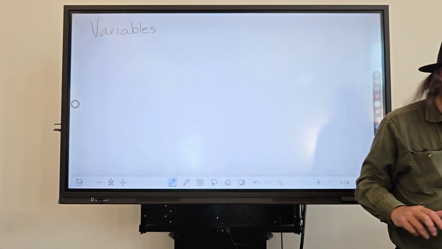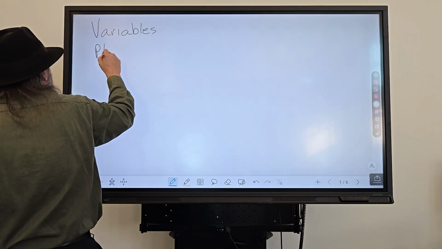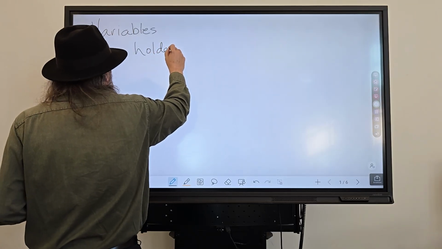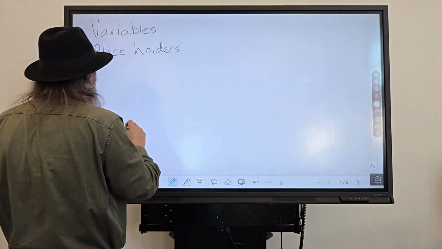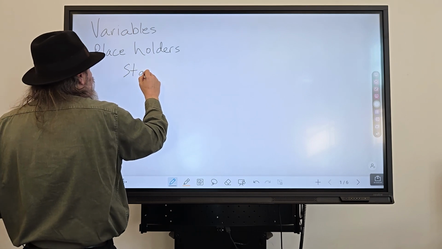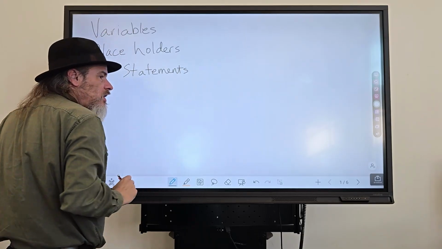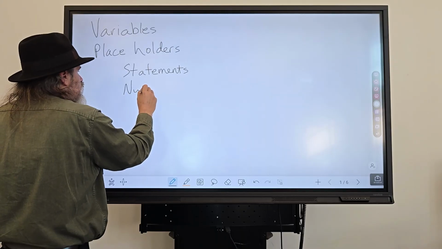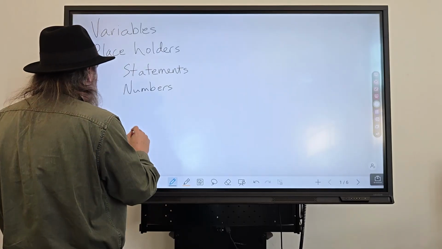Variables, in essence, are placeholders. They can be used for statements, they can be used for numbers, and they can be used for Boolean expressions.